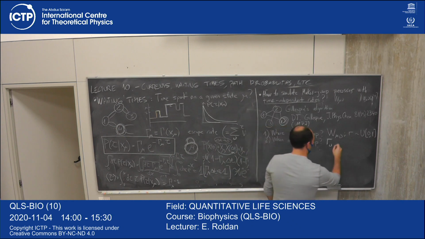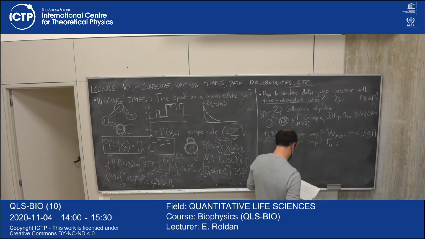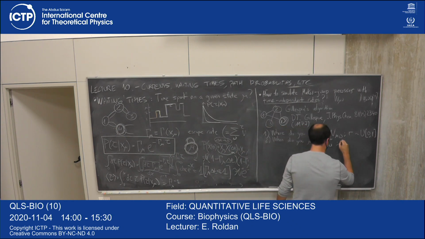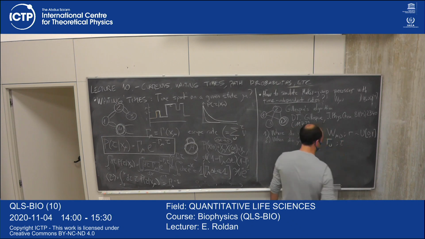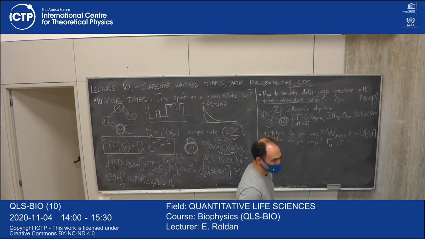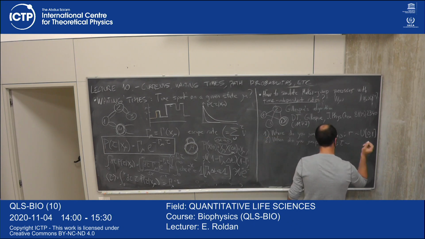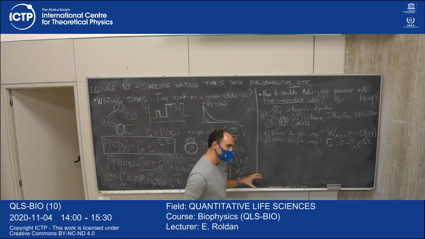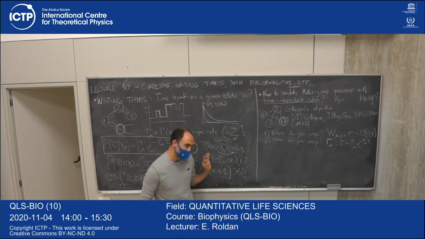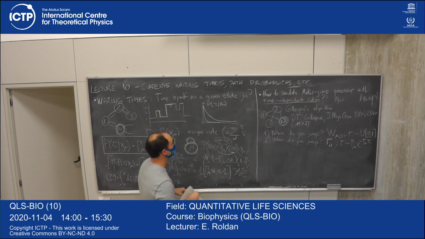When do I jump? What we do is you generate a random time, tau, which comes from an exponential distribution. So you have a distribution, and you pick from this distribution a random number. So for example, you have this.